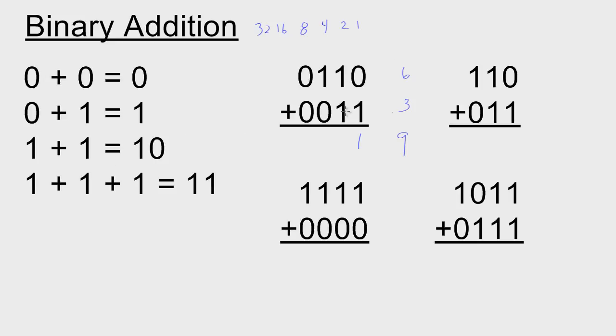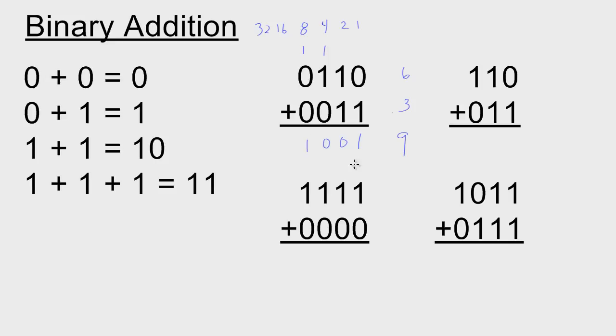The next one, we have a 1 and a 1. 1 and a 1 gives us 1, 0. So we're going to put the 0, and the 1 gets carried. Again, a 1 and a 1, so that gives us 1, 0. So we put the 0 and carry the 1 again. And here we have a 1 and 2 zeros, and that's just going to equal 1.